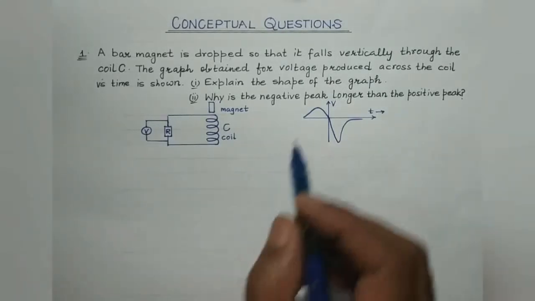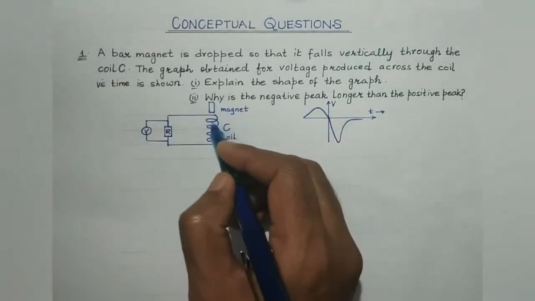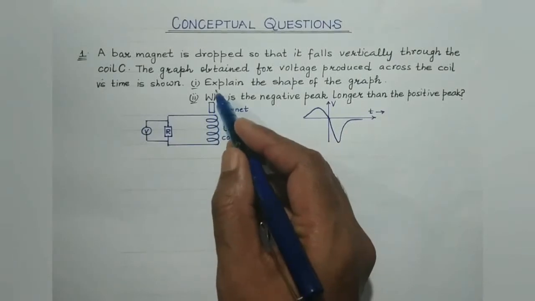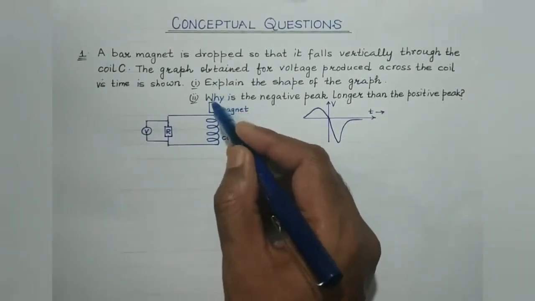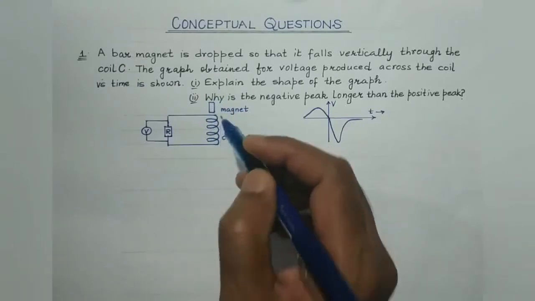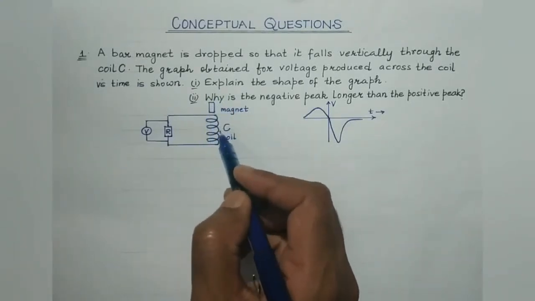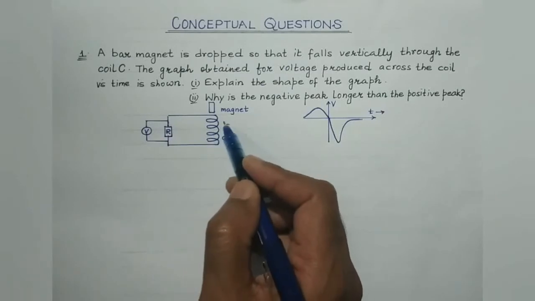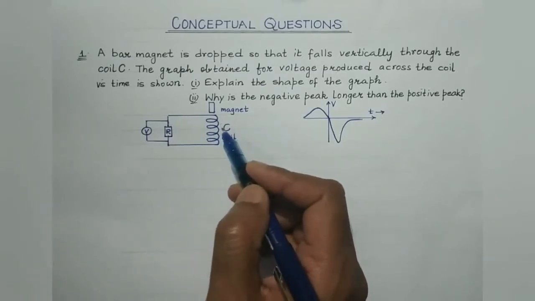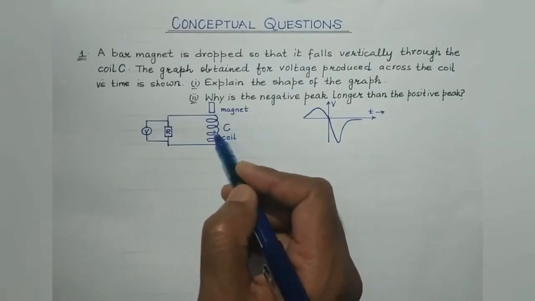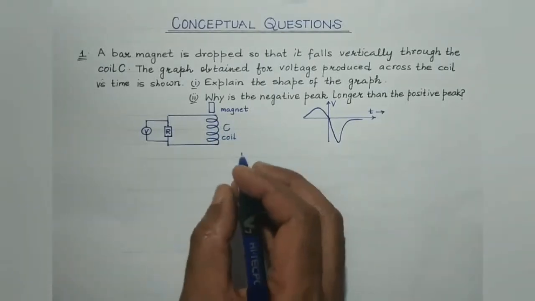So students, a magnet is moving towards the coil as it is made to fall through the coil. Now as it approaches the coil, the magnetic flux linked with the coil starts increasing. And as we are aware, due to the change in the magnetic flux linked with the coil, an induced EMF is produced.